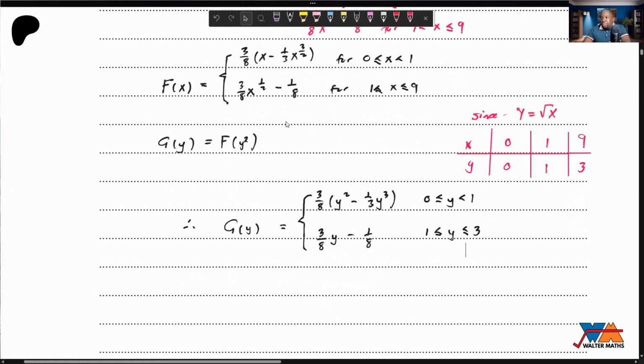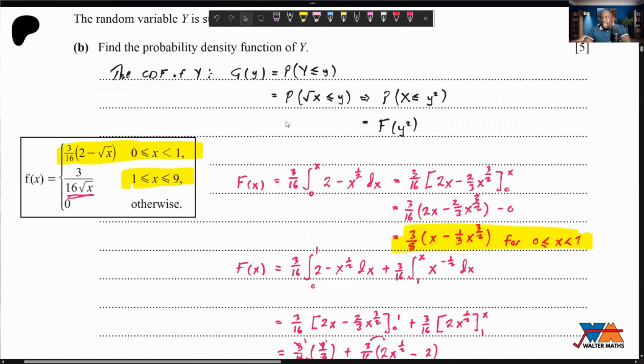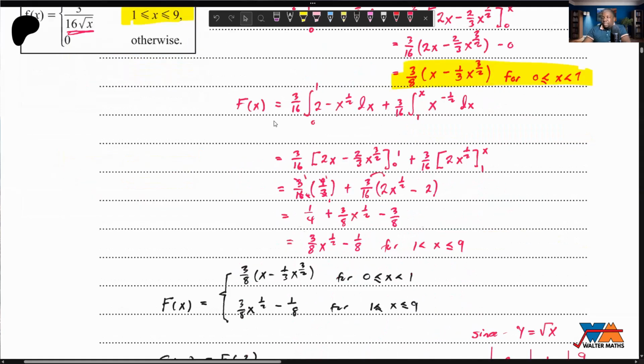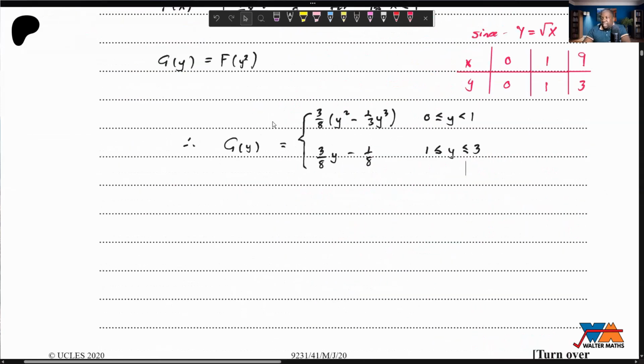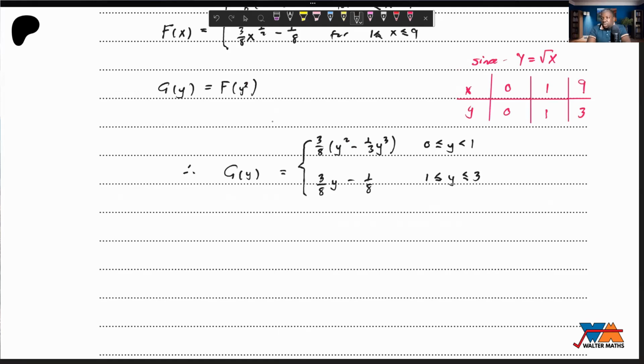The question requires us to find the probability density function of y, and we have the CDF of y. So to find g of y, we do that by differentiation. So we will have to differentiate.